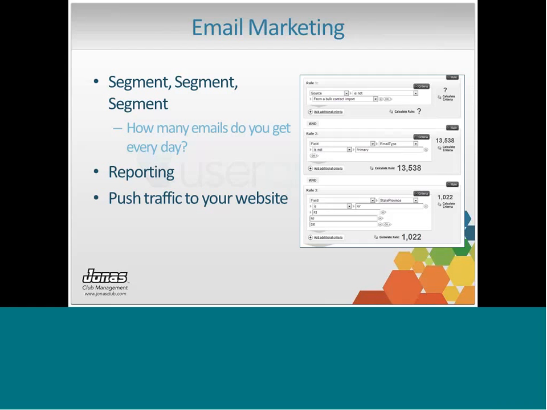Well, go into Club Broadcast and create a list of anyone who's purchased wine at your club in the last 3 months. You can do this with your Jonas Club management system. Using Club Report Generator, you can go in there, you can create a list of anyone who's purchased wine in the last 3 months, and there's an automatic export from Club Report Gen right out to Club Broadcast, so you can send out an email to that list of people.